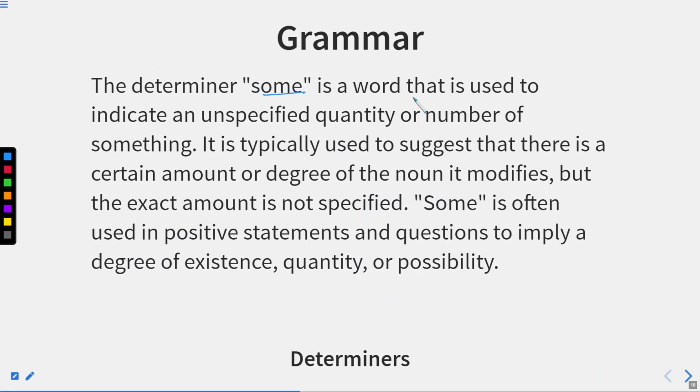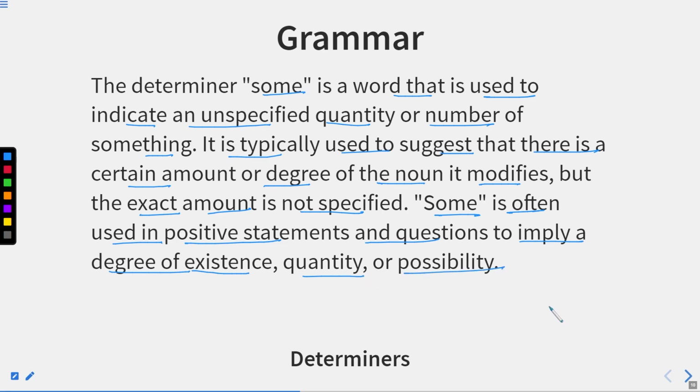The determiner some is a word that is used to indicate an unspecified quantity or number of something. It is typically used to suggest that there is a certain amount or degree of that noun it modifies. But the exact amount is not specified. Some is often used in positive statements and questions to imply a degree of existence, quantity, or possibility.